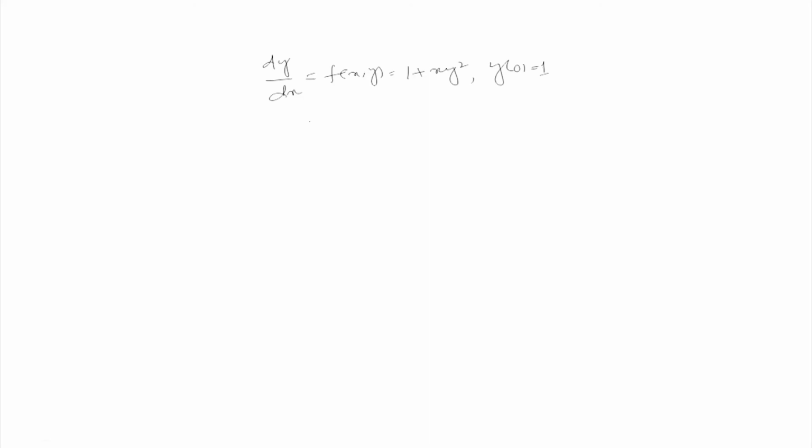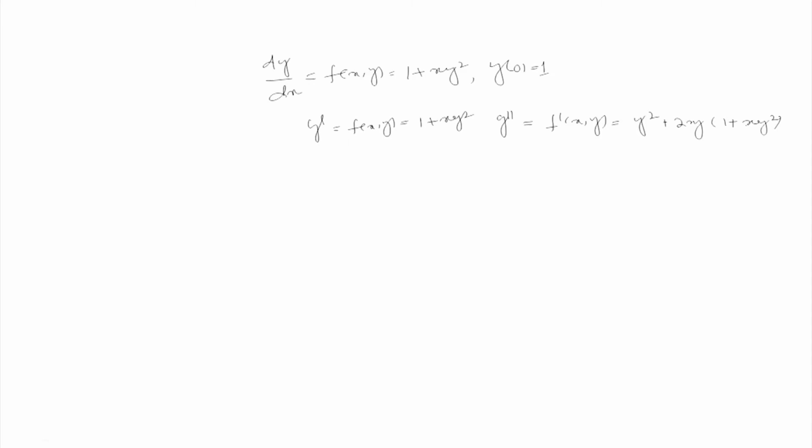So that is why we can write y dash as f of xy, that is nothing but 1 plus xy square, and y double dash we can express as f dash of xy, which is y square plus 2xy into 1 plus xy square here.